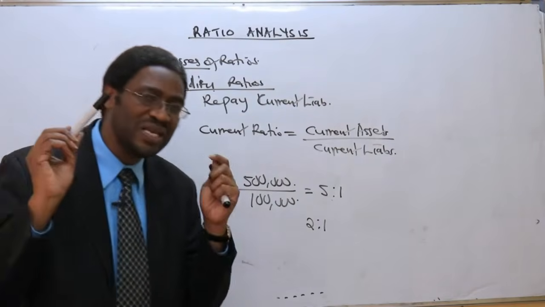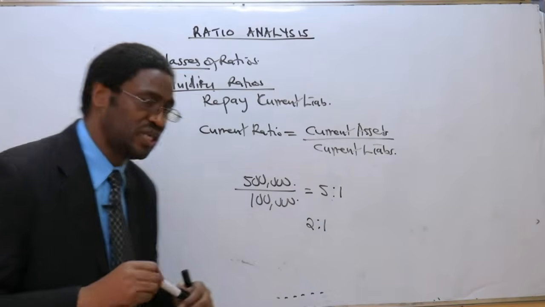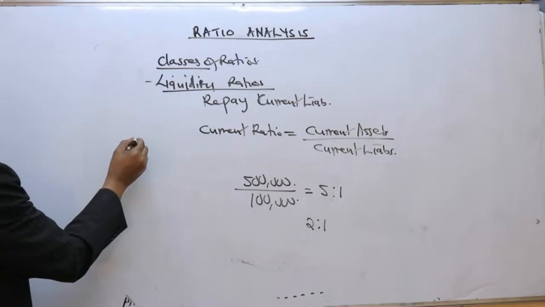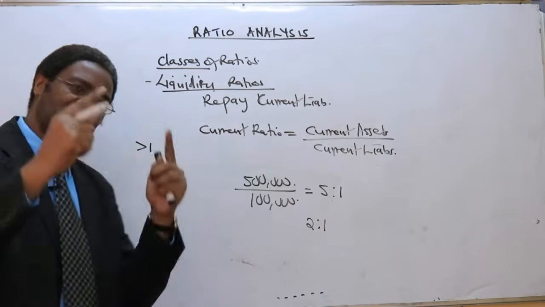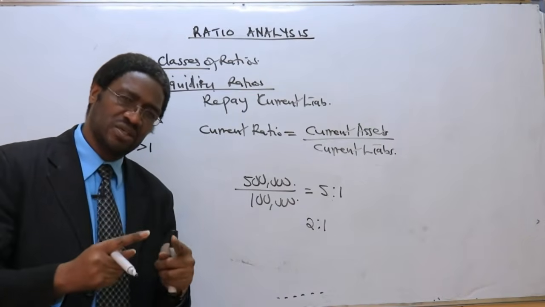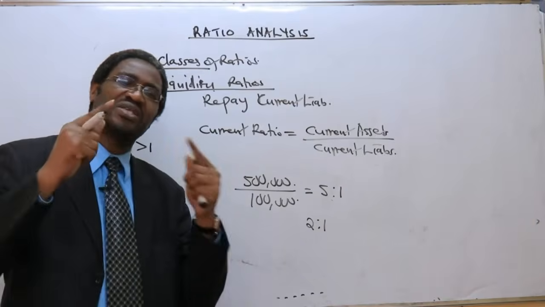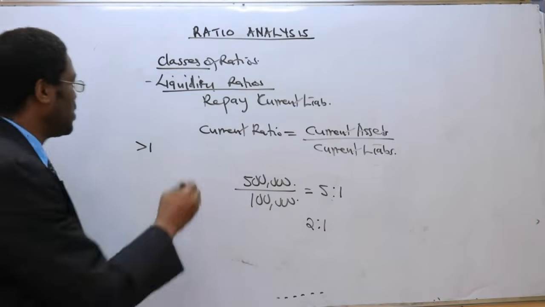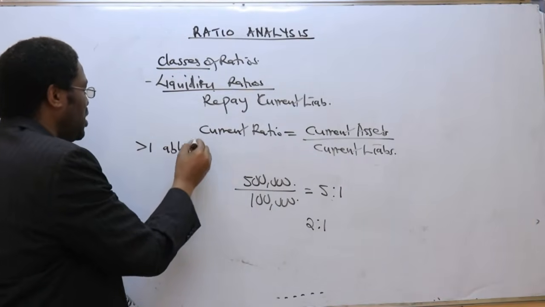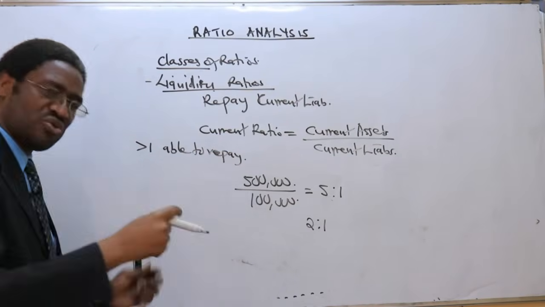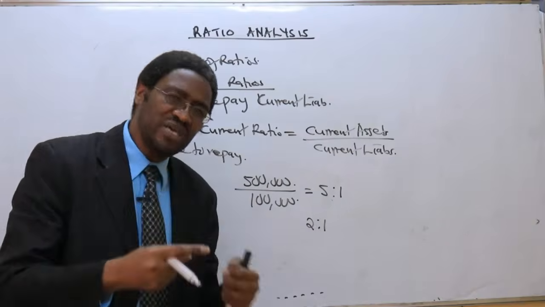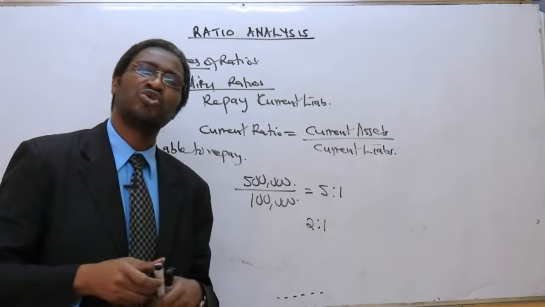So we normally say, when you get a ratio which is greater than 1, any ratio greater than 1 means that the firm is able to repay its current liabilities.